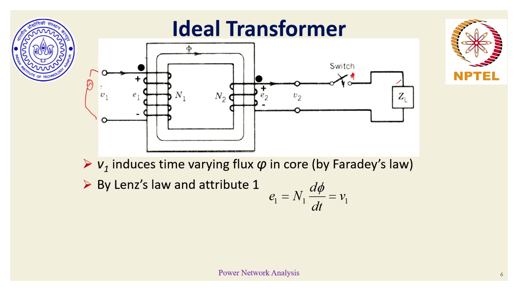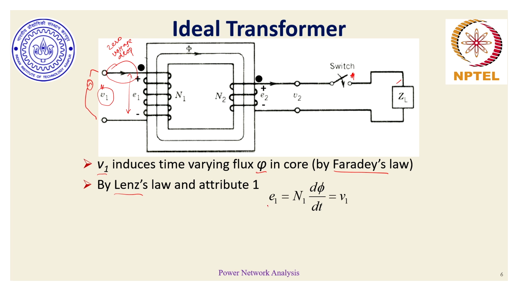So the source voltage V1 induces time varying flux in the core as per Faraday's law and Lenz's law, and since this winding here is a perfect conductor, there is zero voltage drop in this particular winding. So whatever is the applied voltage, the same voltage also appears across this solenoid or turns of windings.